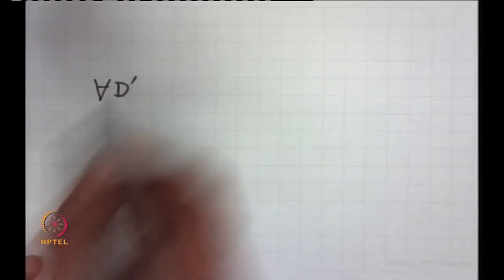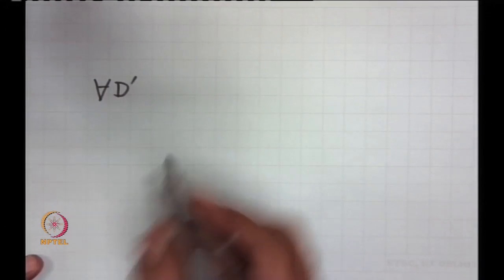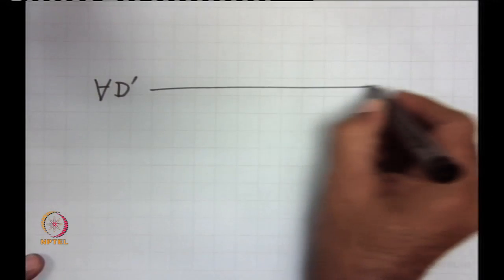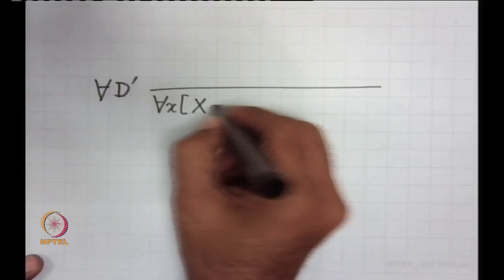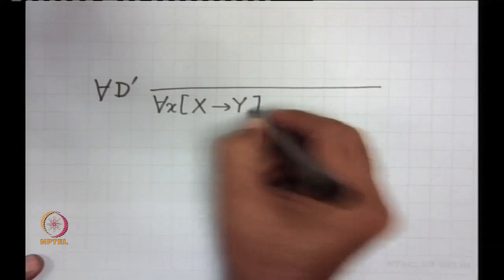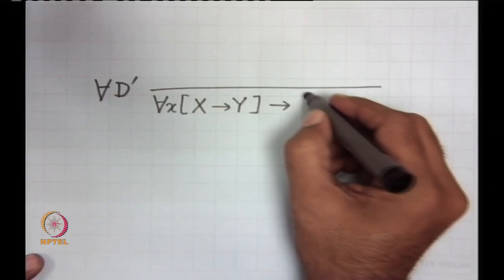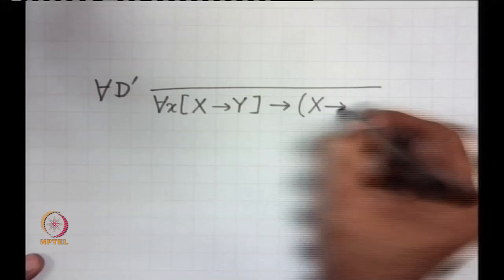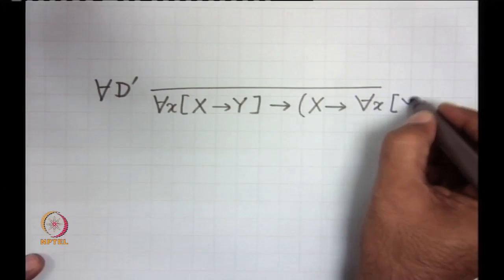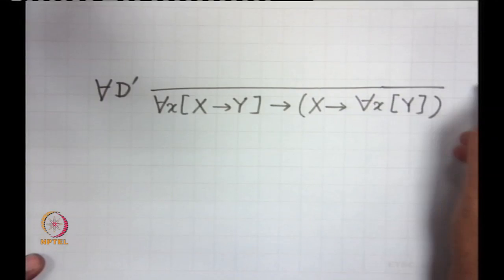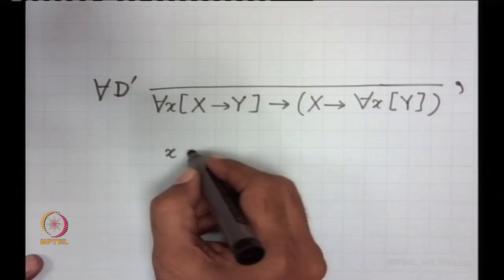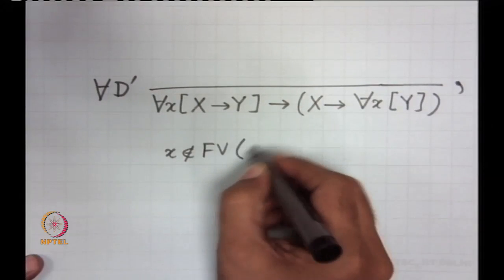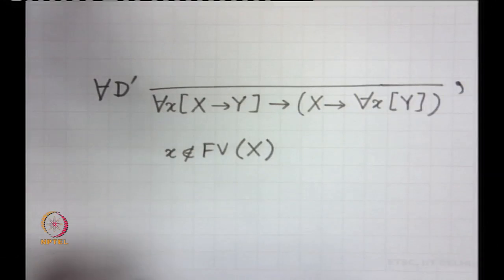prefer this rule, which I'll call for all d prime, yeah, which essentially says that it's an axiom of the form for all x, arrow y, arrow x arrow for all x y, and then there is a side condition which says that x does not belong to the free variables of x, right?